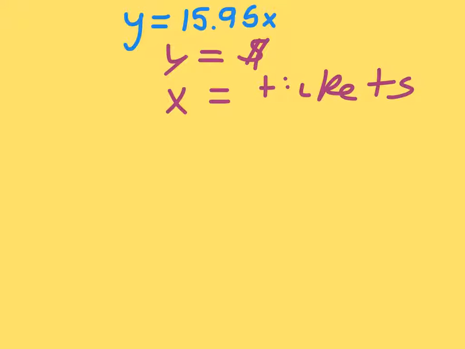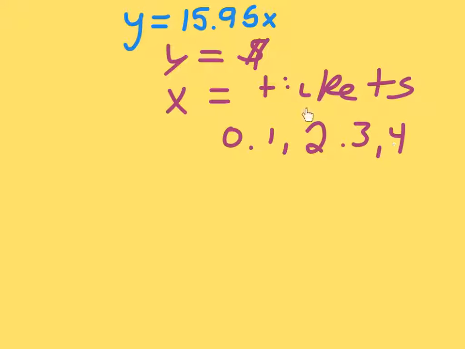They want us to graph this function using a domain of 0, 1, 2, 3, and 4. So remember, the domain is x, so they want us to find out how much it's going to cost when we buy 0 tickets, 1 ticket, 2 tickets, 3, and 4.